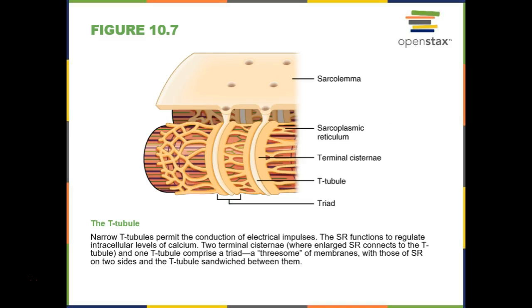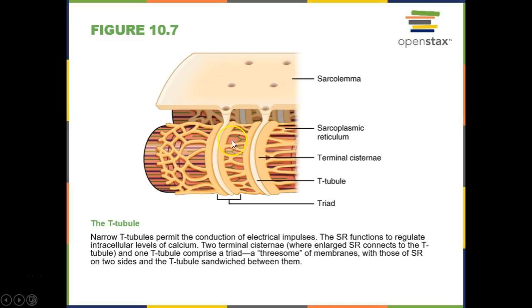So I told you that the sarcolemma was the plasma membrane of the muscle fiber, and that the sarcoplasmic reticulum was very closely attached to that sarcolemma. So here's what that looks like on a diagram. This would be a microscopic level, obviously.